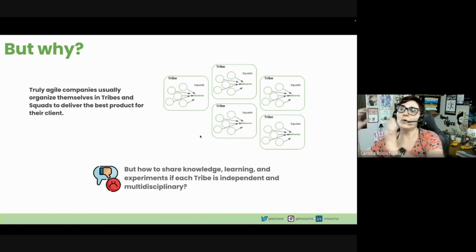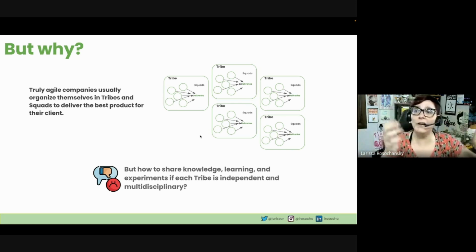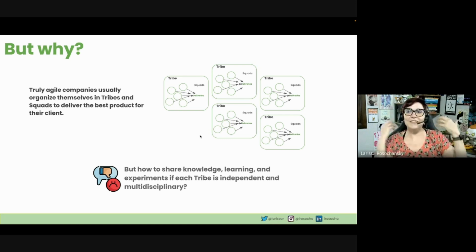They are multifunctional and working independently in the squads, focused on delivering the best product for the client. When they do this and are working very well, we face a very heavy issue.